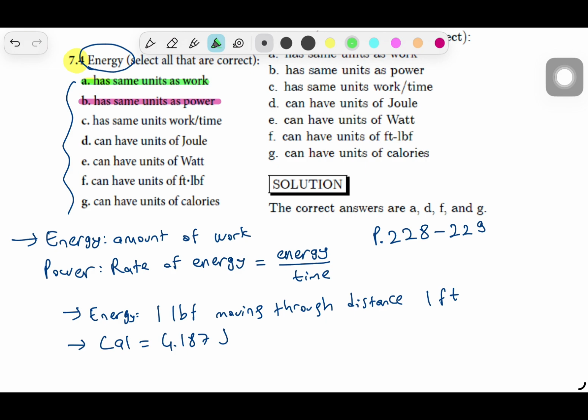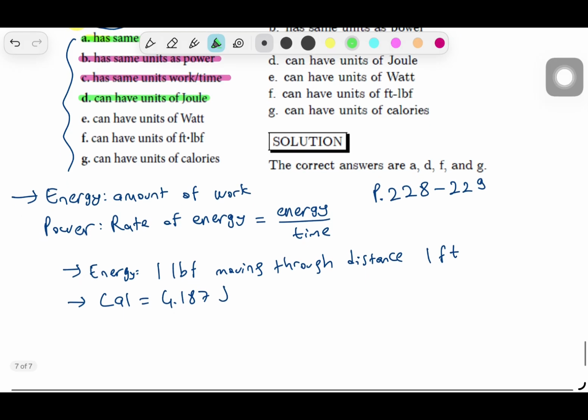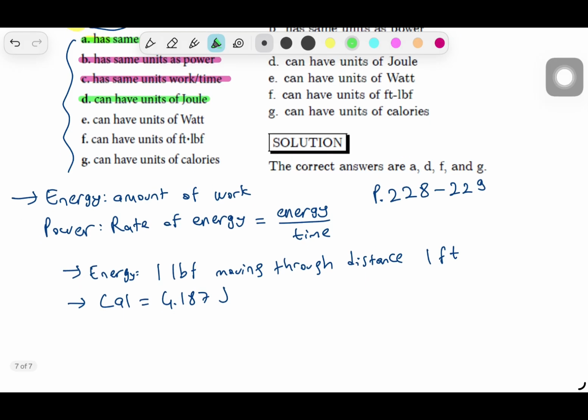This is again power. It can have units of joule. This is correct. And also, as we mentioned, energy can also be used as calories, and there's a conversion between calories and joule. So G is also correct.